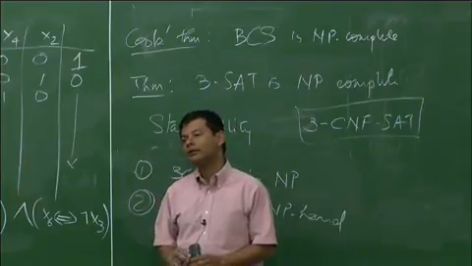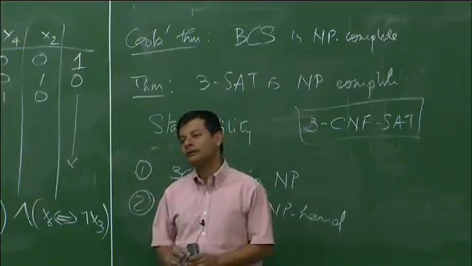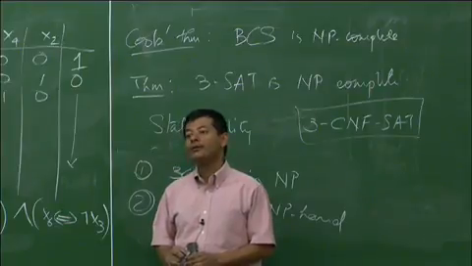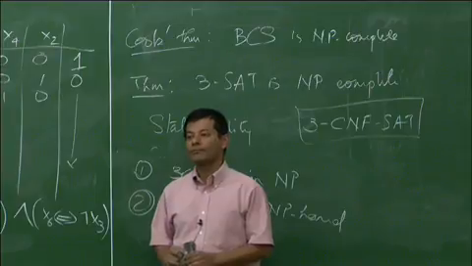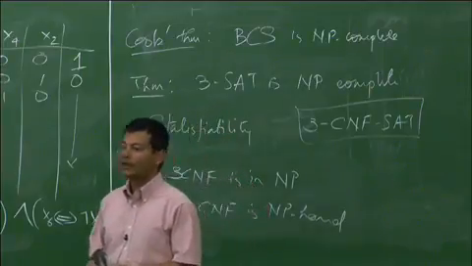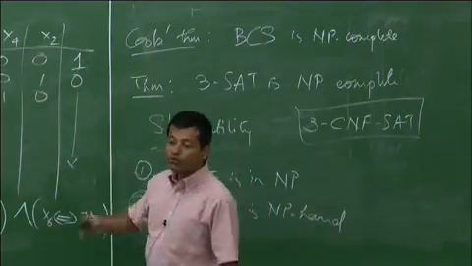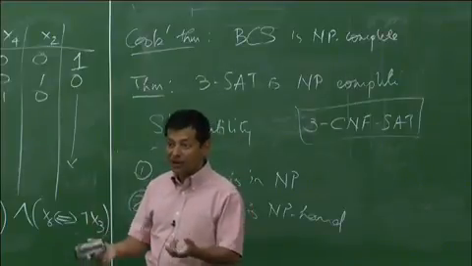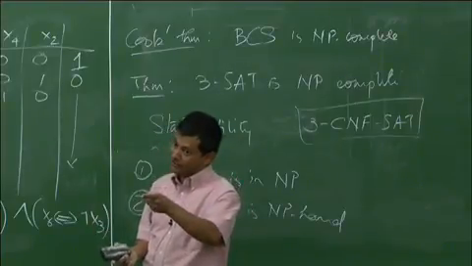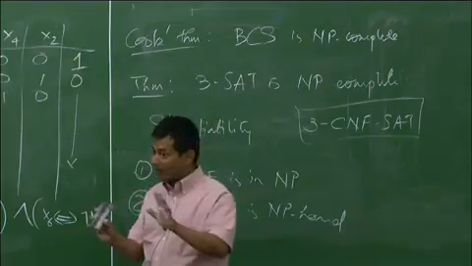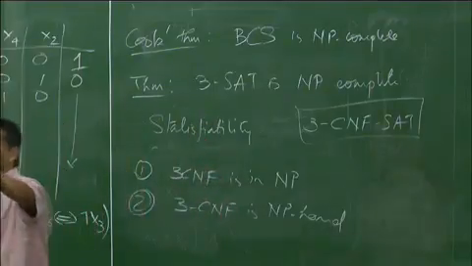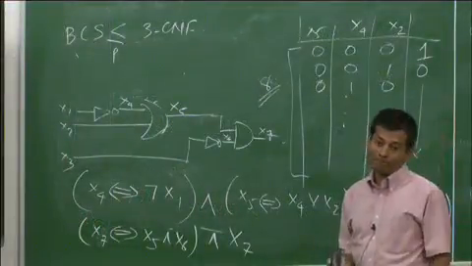Yes? Are you sure? Okay, but 2 to the power 10 is still a constant. See, the 10 is a constant. That does not matter. It cannot grow with the size of the problem.